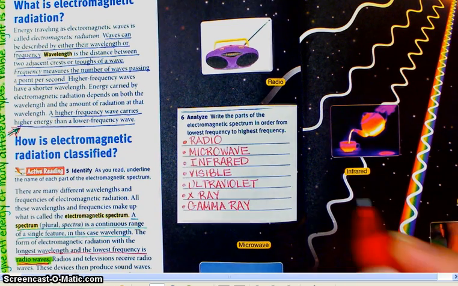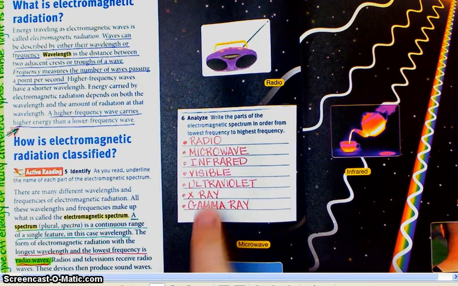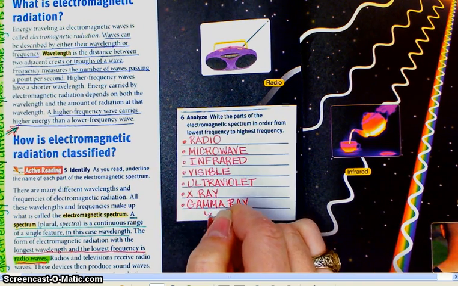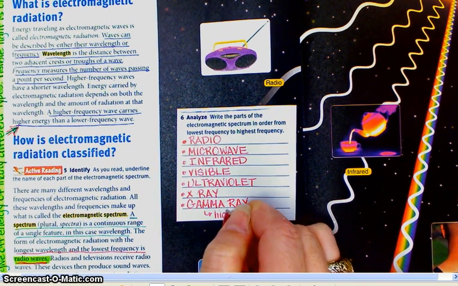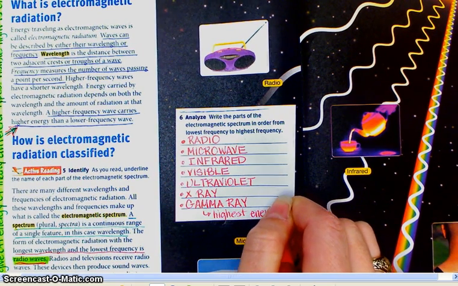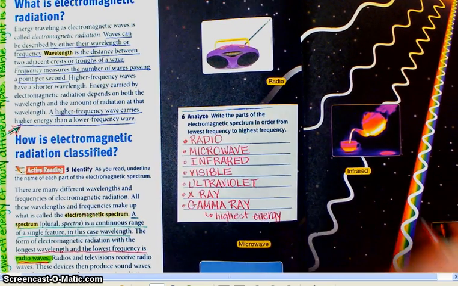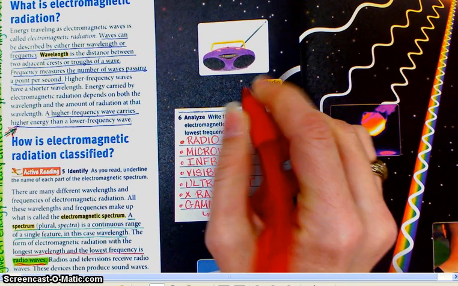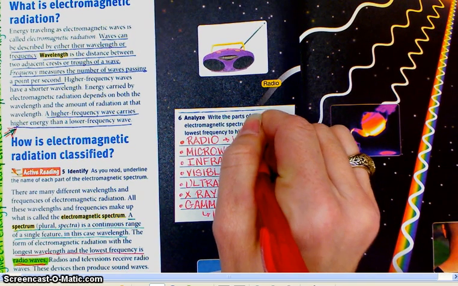Remember, gamma ray is your highest energy wave. You do not want to be exposed to gamma rays. And radio is your lowest energy.